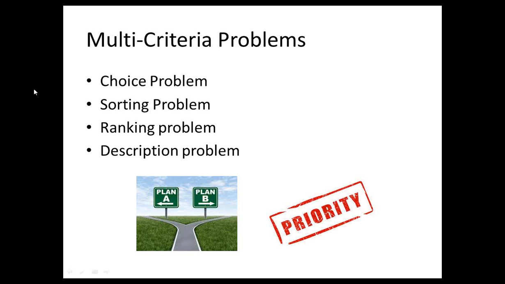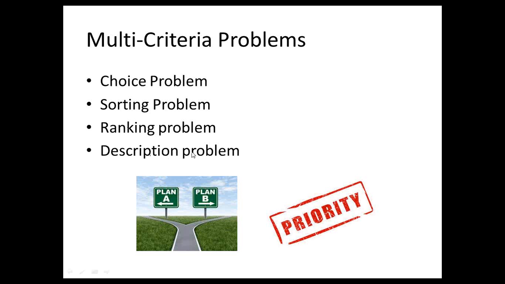When you look at the sorting and ranking problems, you might think about priority setting in healthcare policy making, where the government has to decide where to spend the money, and usually this is not a decision for one area, but rather a prioritization of different areas where the focus will be on for the next 4 years.